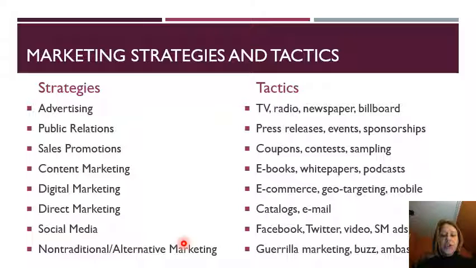So within each of these strategies, there are a variety of tactics that you can pick out, and this might seem overwhelming to you, but don't let it be. Kind of work your way down, pick out strategies that are going to best match that target market. Is advertising going to reach them better? Will sales promotions reach them better?